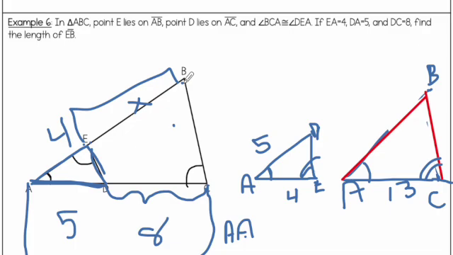Okay, so 5 over 4 is equal to something over 13.